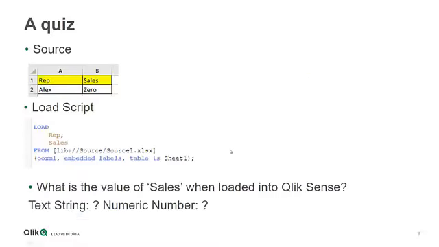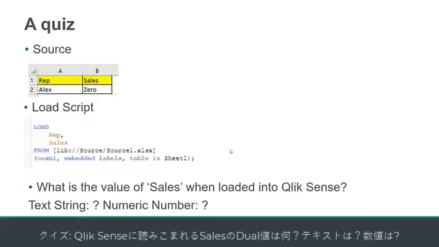Okay, now I have a small quiz for everyone. Let's say we have a data source, which is an Excel spreadsheet. It contains rep and sales. The rep is Rx and sales is 0. This 0 is text.